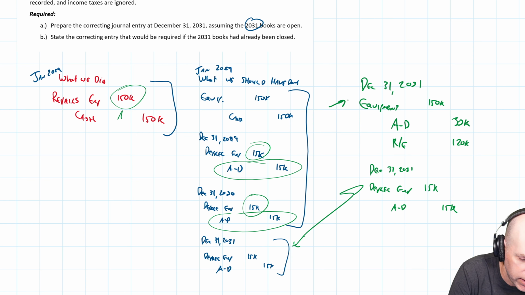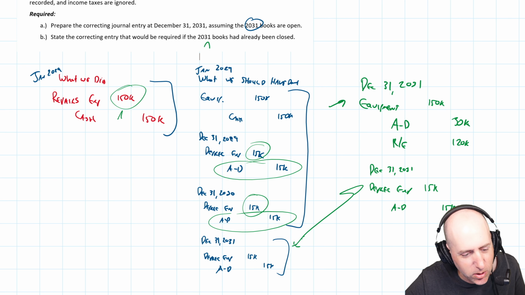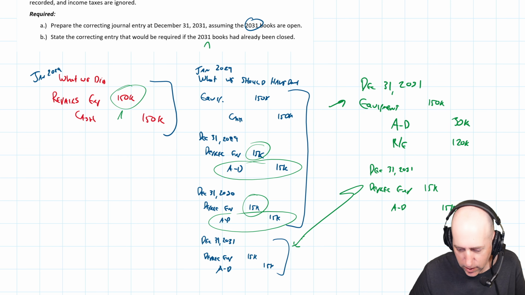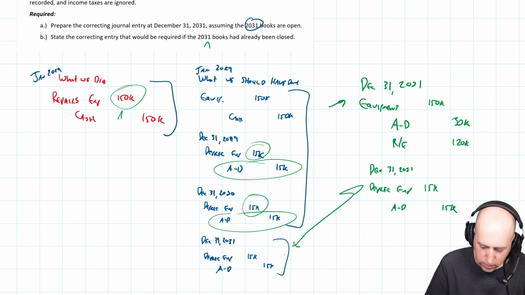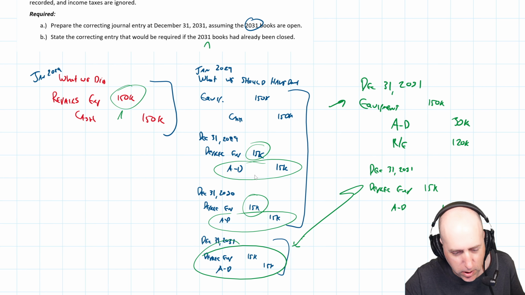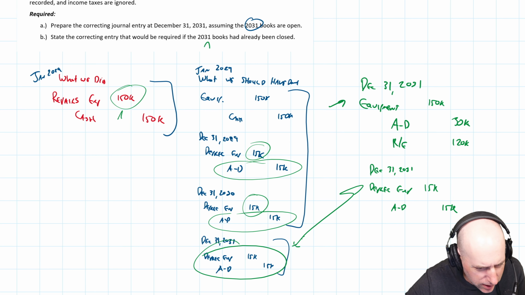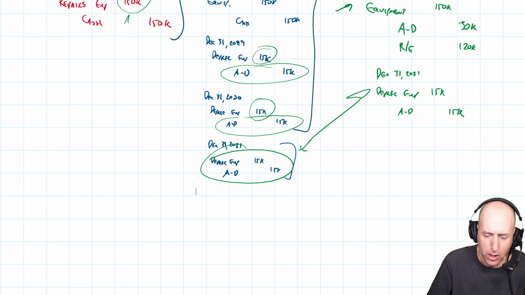Now it says, state the correcting entry that would be required if the 2031 books had already been closed. So maybe we discover this in early 2032 and the books are closed on 2031. Well, everything's the same except for this piece. We're not going to debit depreciation expense. I'll show you. Let me make it purple. I'll do it here.